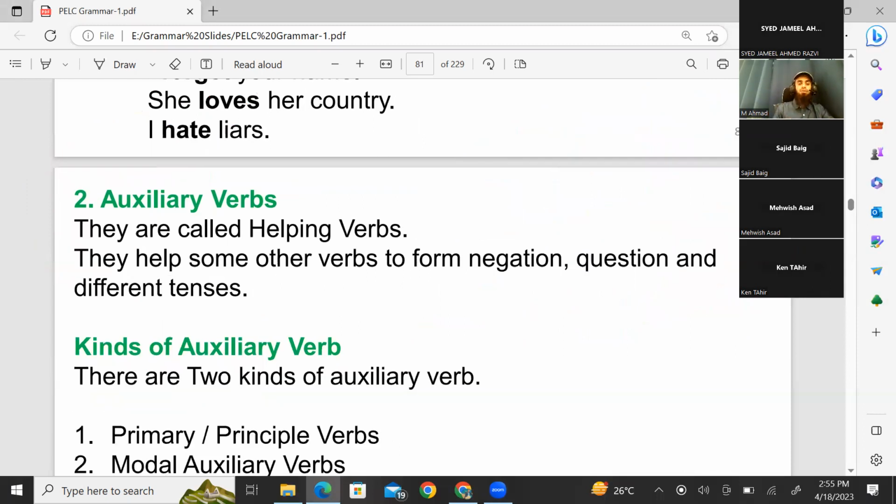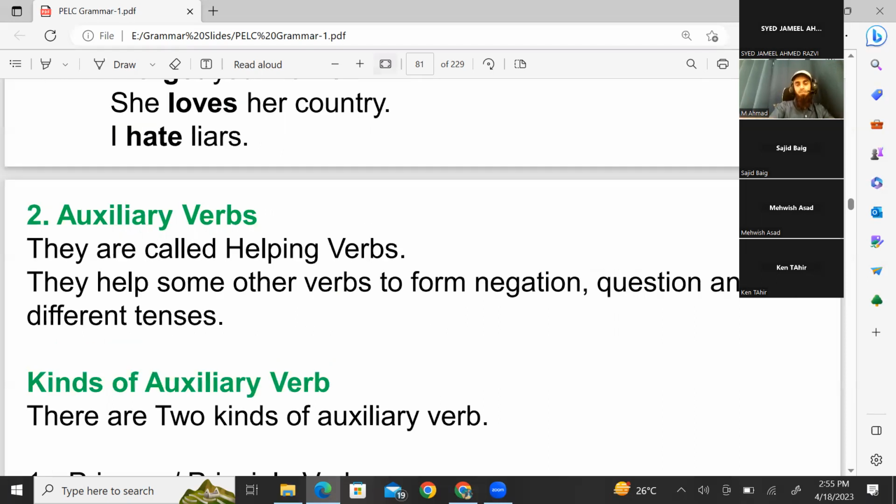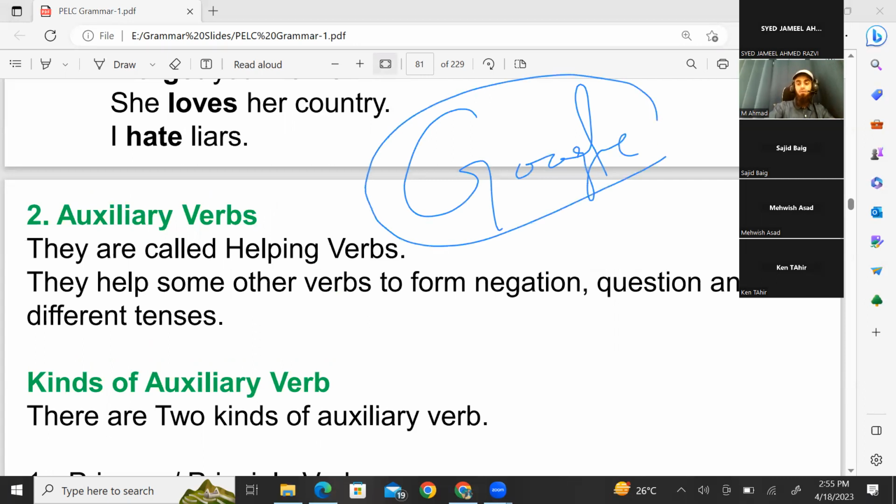But here, if you directly use it: there are a lot of websites available on Google. What is Google in the sentence? Yes, anyone? Google is the action, sir. Oh no. Just look at the sentence. There are a lot of websites available on Google.